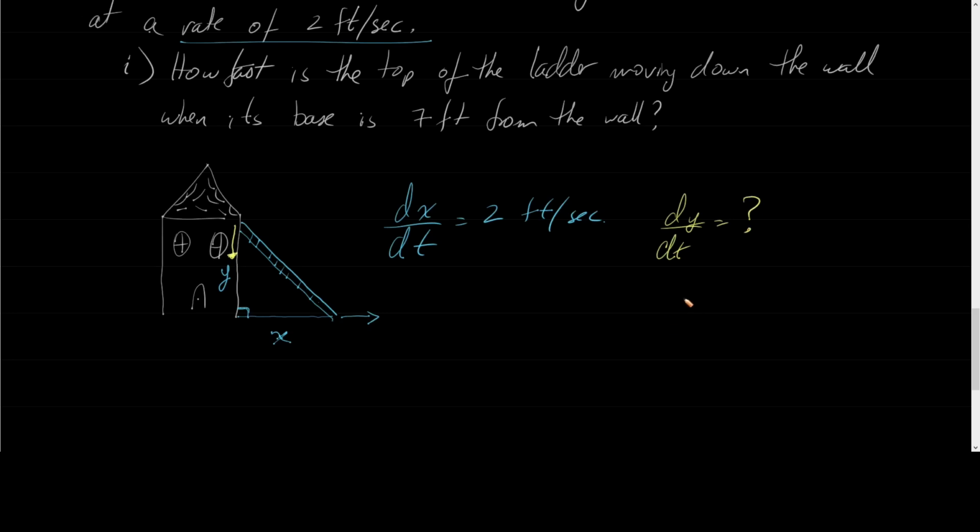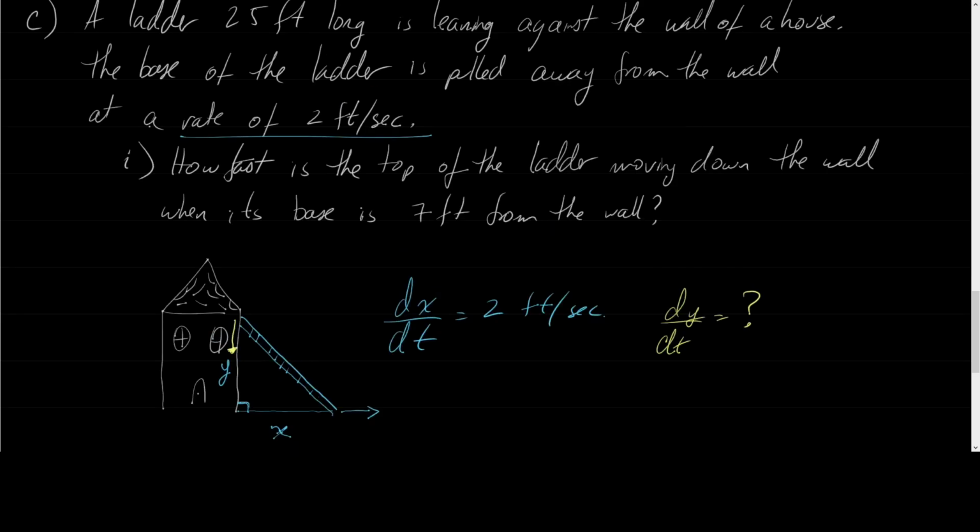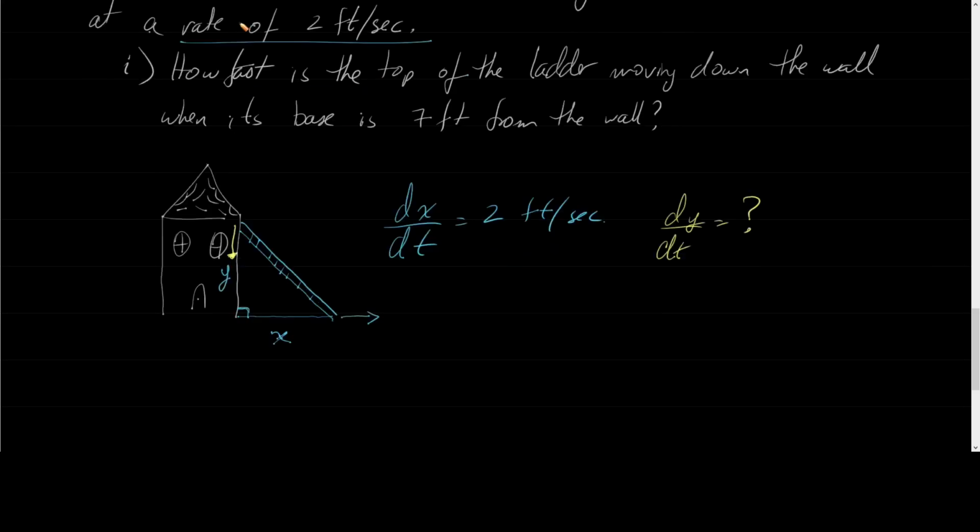Okay, so in here, well, let's think about this a little bit. We need to figure out some sort of way to relate these two variables, x and y, within this triangle so that we can use this information. By the way, I missed this piece right here. The ladder is 25 feet long, so I'll go ahead and write that here before we continue. This is 25 feet long. All right, so as I was saying, we need some way to relate all these sides, right?